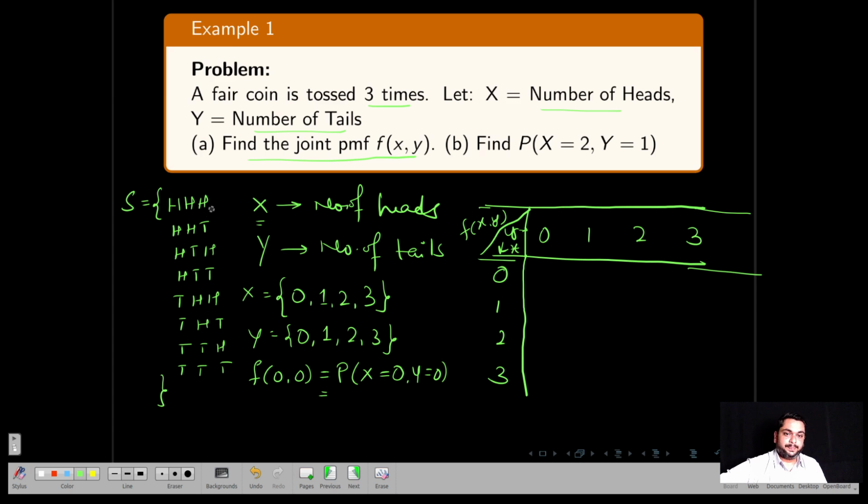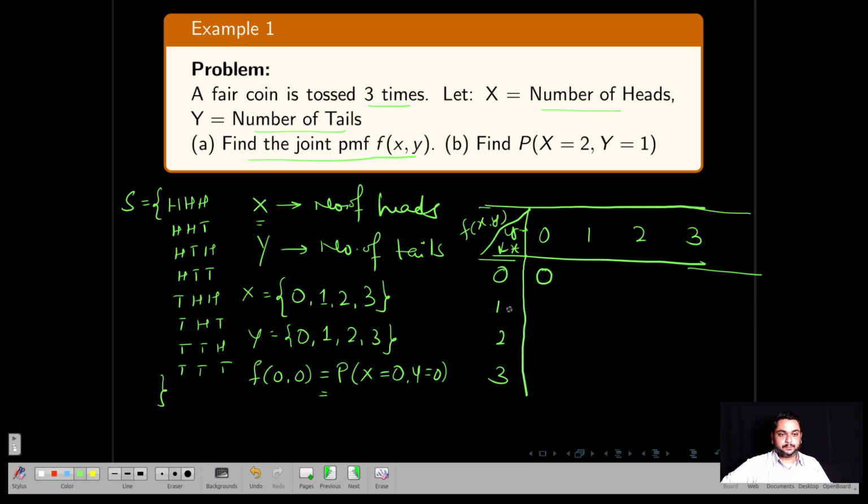Is it possible? It's not possible, right? At least one head or one tail is there in the sample space. So this is not possible. The probability of an impossible event is always 0, right? So 0.